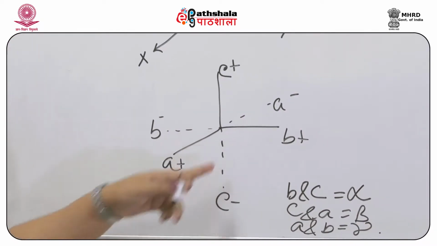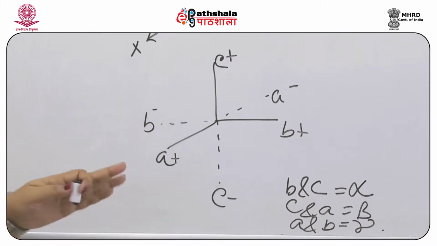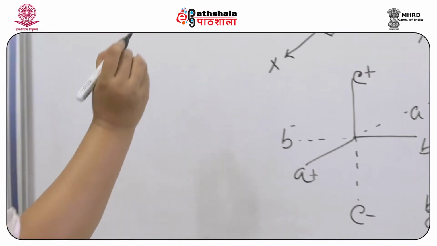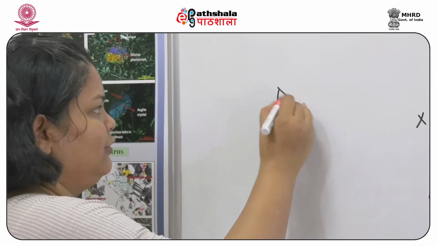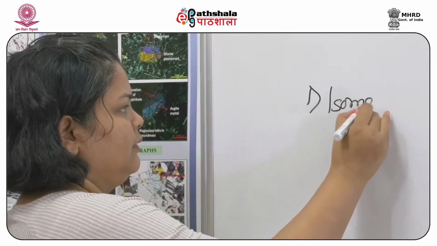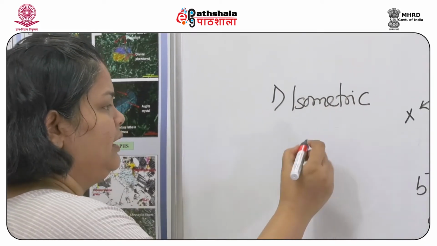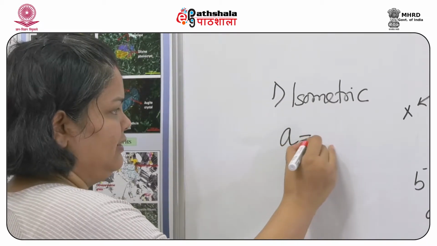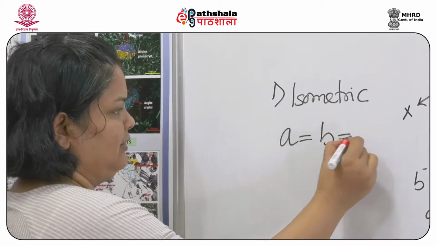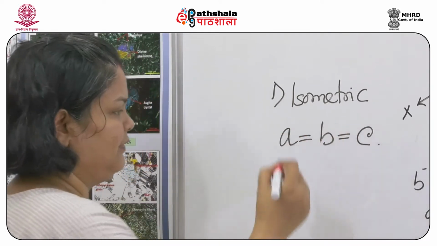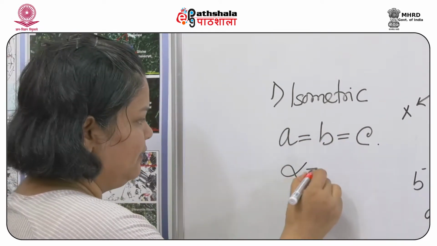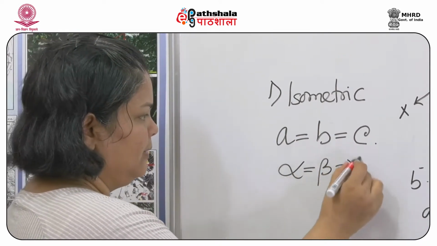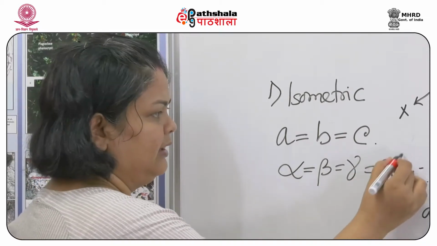Based on these parameters, there are 6 crystal systems which are assigned. For instance, we have the isometric system, which is when the A crystallographic axis is equal to the B axis and equal to the C axis, and the angles alpha, beta, and gamma are all equal to 90 degrees.